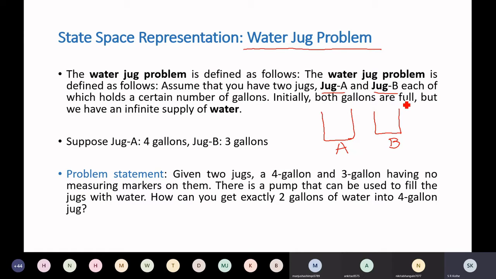Initially both jugs are full, but we have an infinite supply of water.